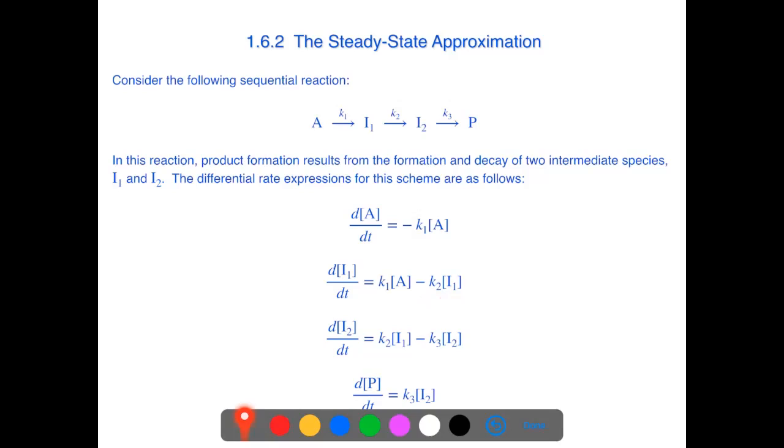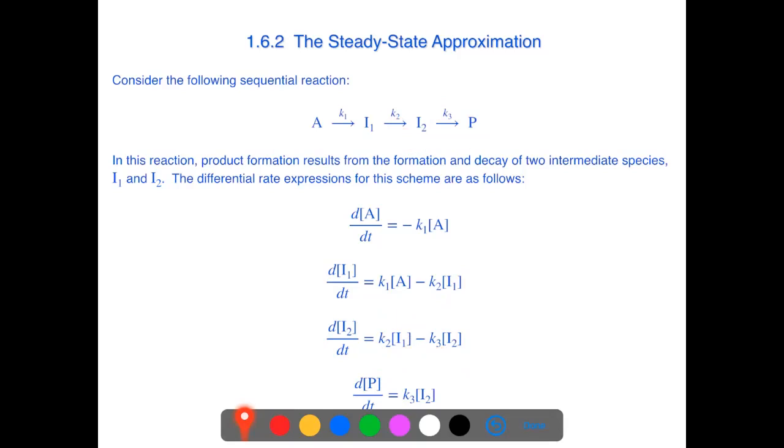And recall, we can set up these rate expressions because we know these are elementary steps in our reaction mechanism. So the molecularity of that step can be easily discerned. Similarly, the differential rate expression for the second intermediate, I2, can be shown as follows, where we have the rate constant K2 times the concentration of I1 from which it forms, as well as when I2 transforms into the product, we can designate that with the expression minus K3 times the concentration of I2.